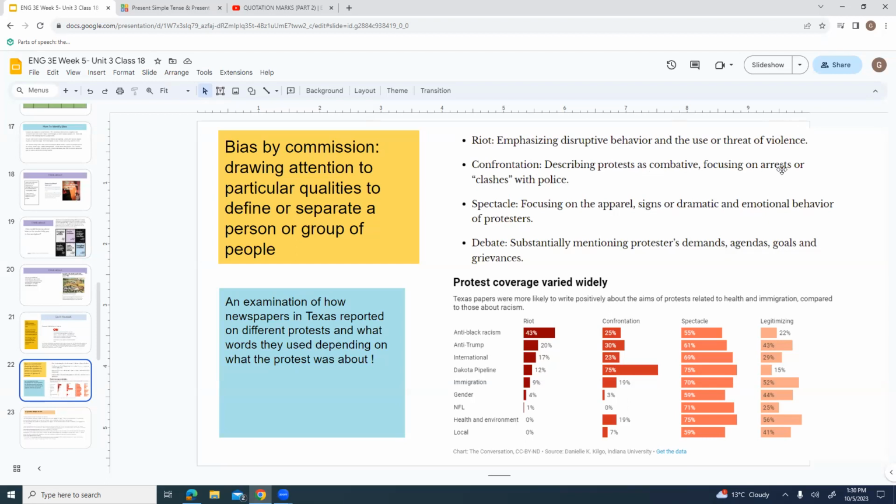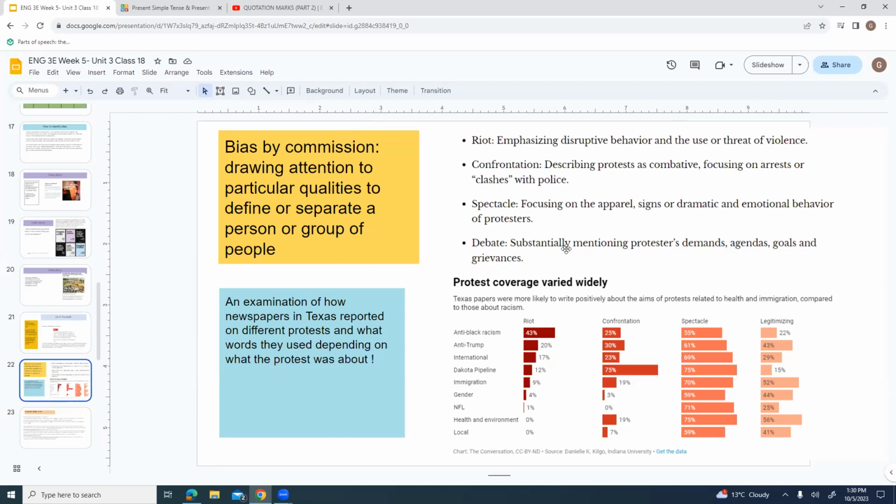They focused on the number of arrests or clashes with the police. If they were using spectacle, they were focusing on the apparel, signs, and dramatic or emotional behavior of protesters. You know how sometimes protesters lately have gone to wearing very unusual costumes or headgear or very different kinds of signs trying to attract attention.